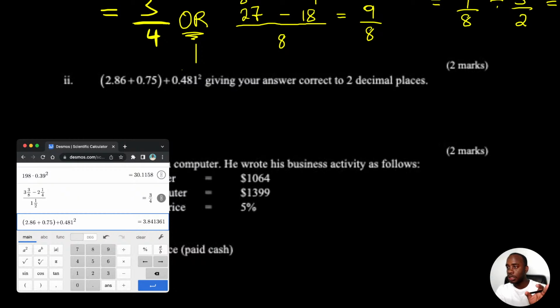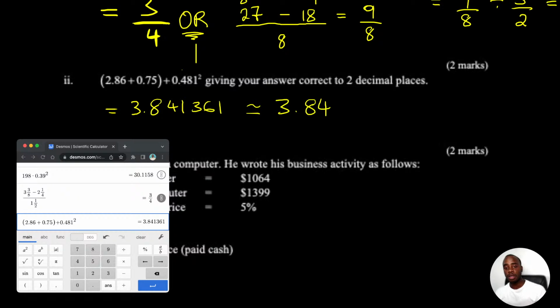It's less than, so we leave it the same way. So it would be 3.84. Alright, so let me write that here. So we know our answer is 3.841361, and we approximate it to 3.84 to 2 dp.